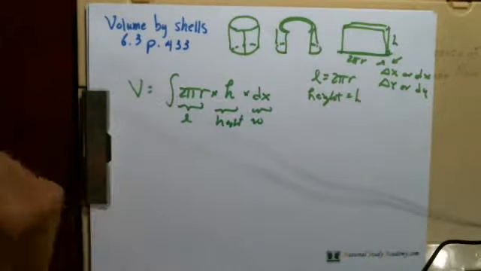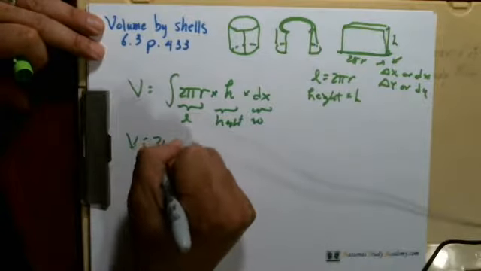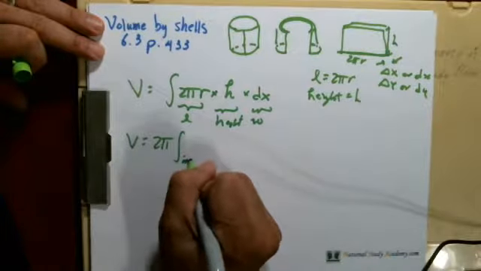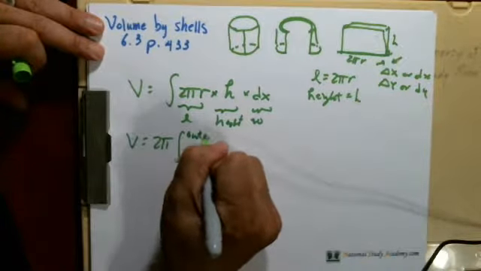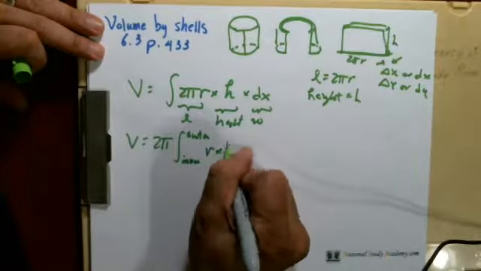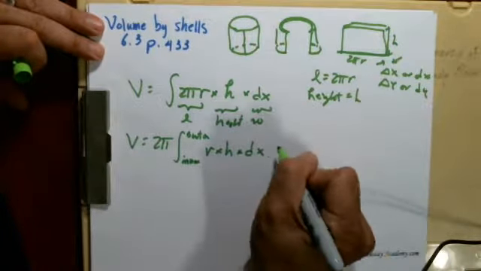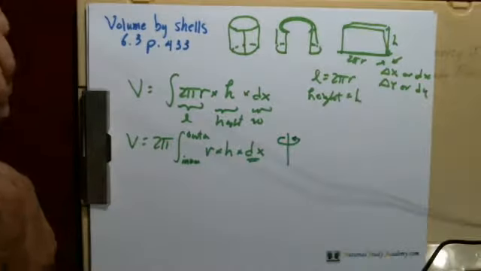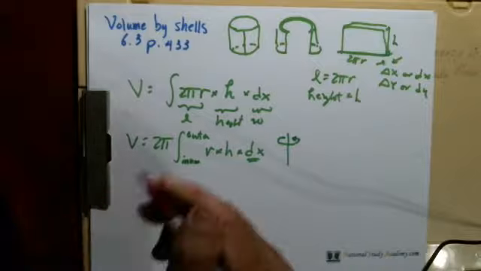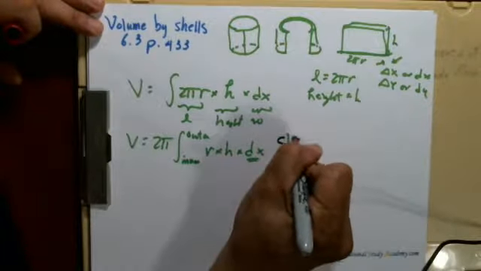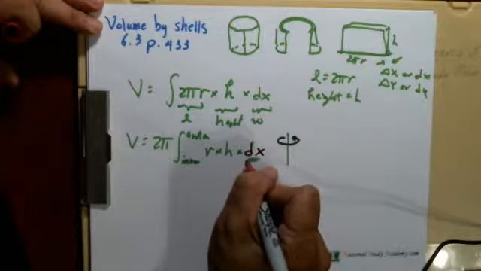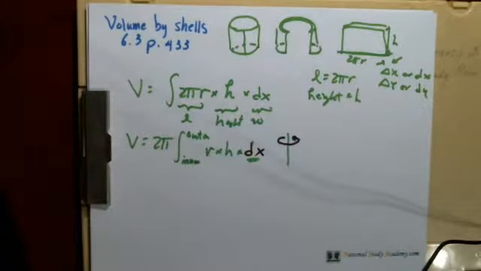Of course, we're going to factor out 2 pi, and we integrate from the inner to the outer of the radius times h times dx. This is revolving around the y-axis, so you use delta x here. If it's revolved around the y-axis like this, you can use delta x. Obviously, if it's revolved around the x-axis, it's going to be change in y. We add them all up, and that's what we do for the volume.